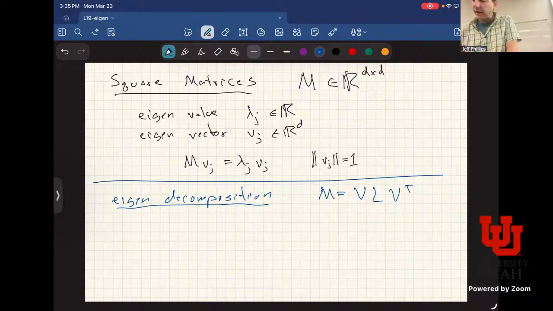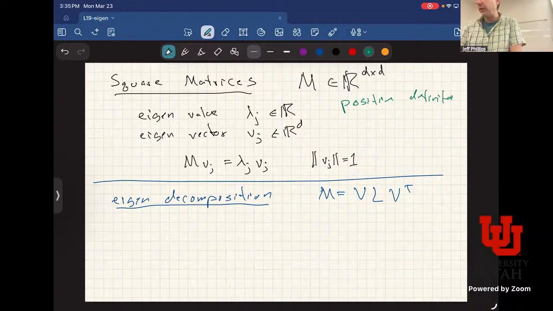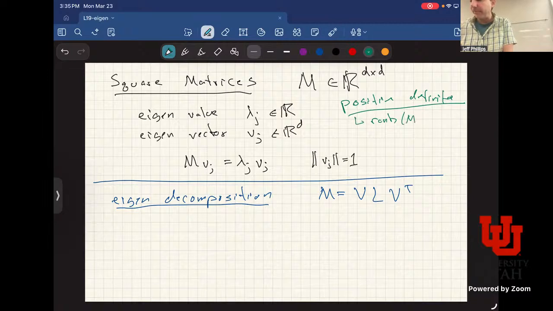We're going to assume that M is positive definite. That means that these are all well-defined with real values, and that the rank of M is going to be equal to d.